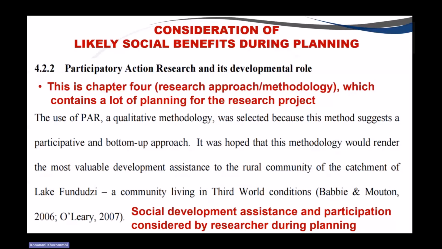And what you are going to see now is from chapter 4, which contains a lot of planning for the research project. Chapter 4 has the section on methodology. Actually, it is entirely on the research project, the research plan, or the research methodology. Now, the statement is like this.